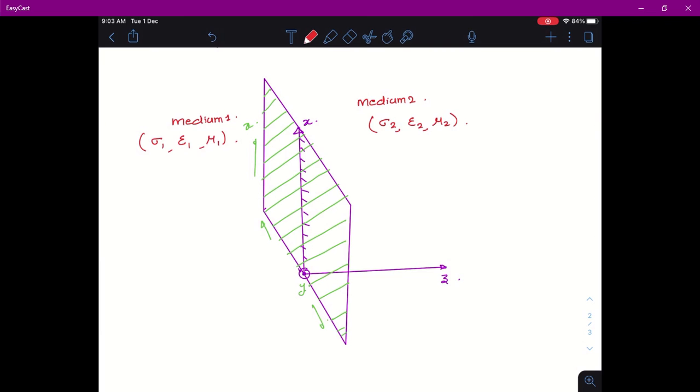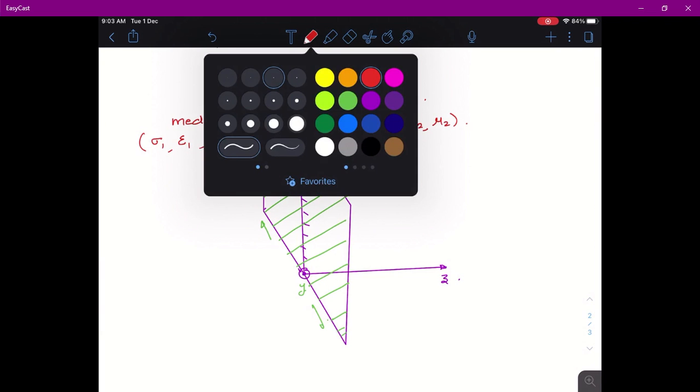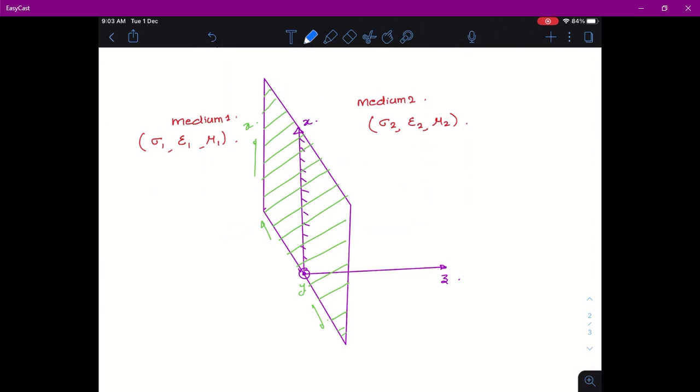Now what is going to happen is a wave which is traveling in this direction is incident. The wave has an electric field in this direction, which is along x.